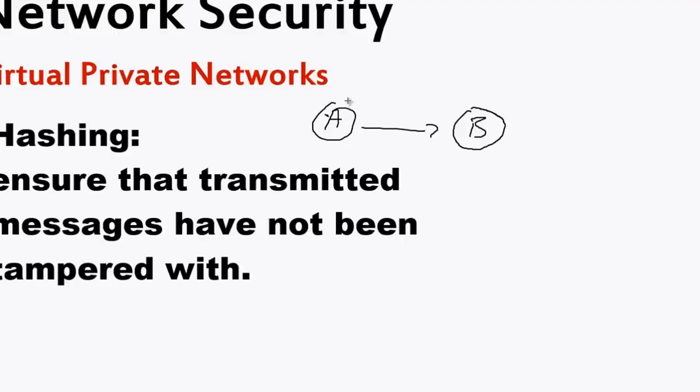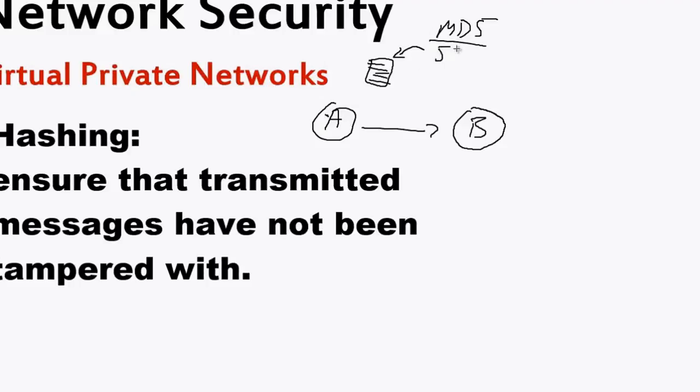So if you are at point A, you want to send something to point B. Let's say you have a message here, right? You want to make sure that Mike gets that message. It's really important. What you can do, you can run a hash function against this message and get an MD5 string that you will attach to this email as well.